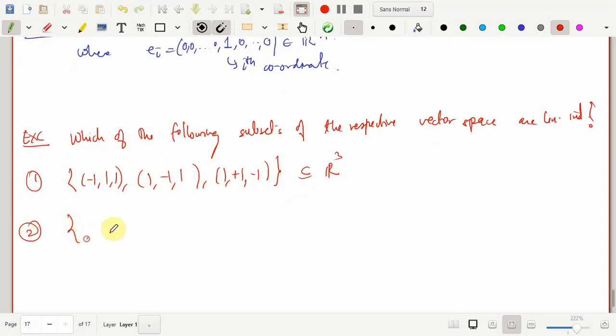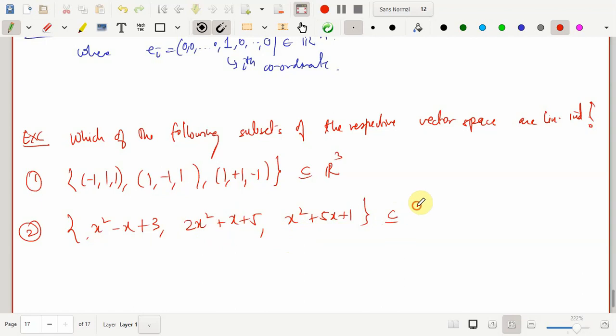Second one: x square minus x plus 3, 2x square plus x plus 5, x square plus 5x plus 1. There are three elements in this set. The first one is x square minus x plus 3, the second one is 2x square plus x plus 5, the third is x square plus 5x plus 1, and you can observe that all three are polynomials and none of them exceeds degree 2.